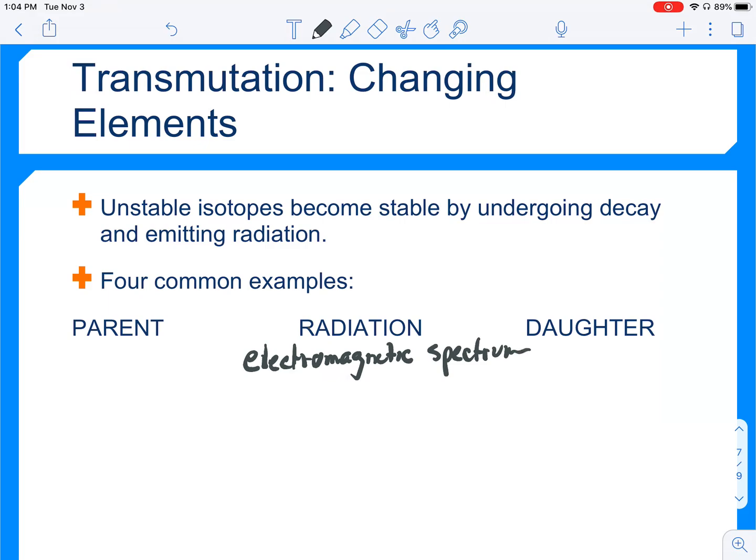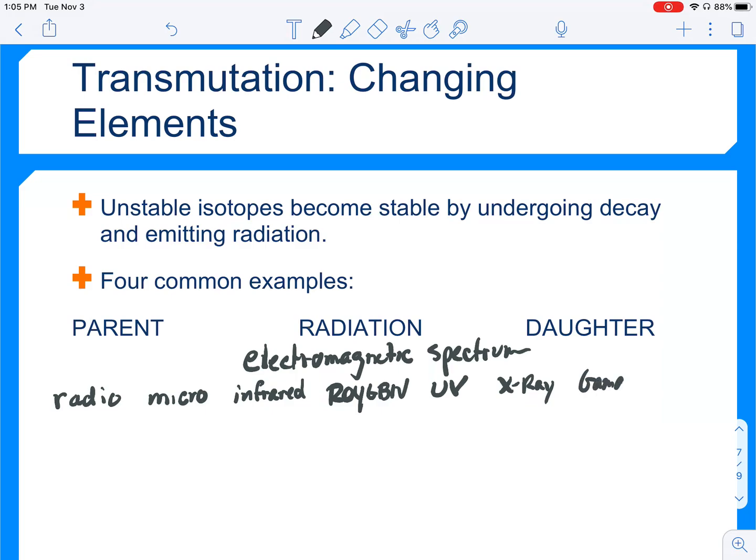If you remember some of this from middle school, you have radio waves, microwaves, infrared, Roy G. Biv, the colors of visible light, ultraviolet, X-rays, gamma rays, and then actually one that probably was not on your list in middle school is Hawking radiation, which is kind of a new ultra high end of the electromagnetic spectrum that is part of the theories behind black holes.